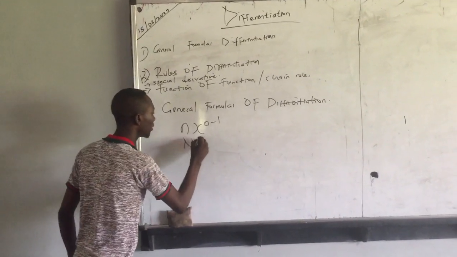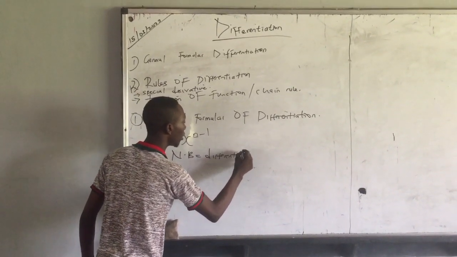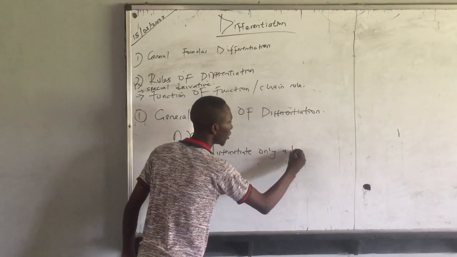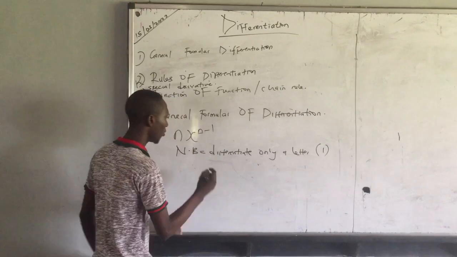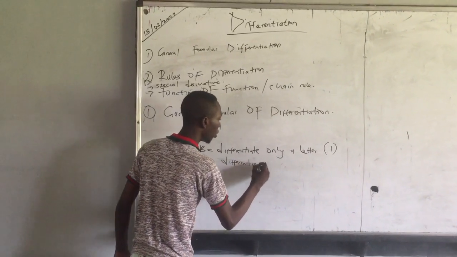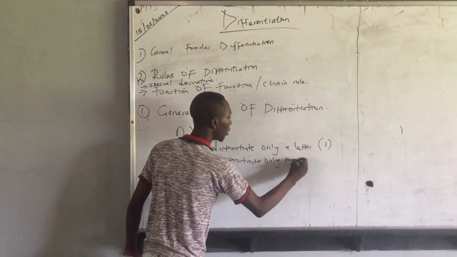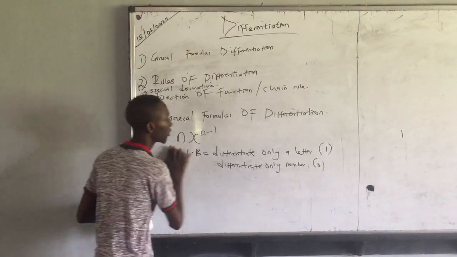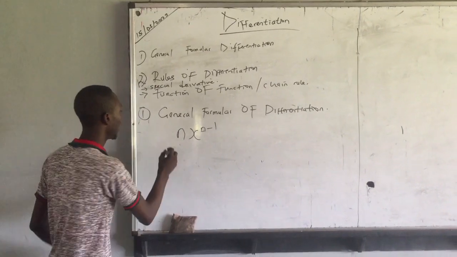So NB, when you differentiate only a letter, your answer is 1. When you differentiate only a number, your answer is 0. Please take note of this. Very important.